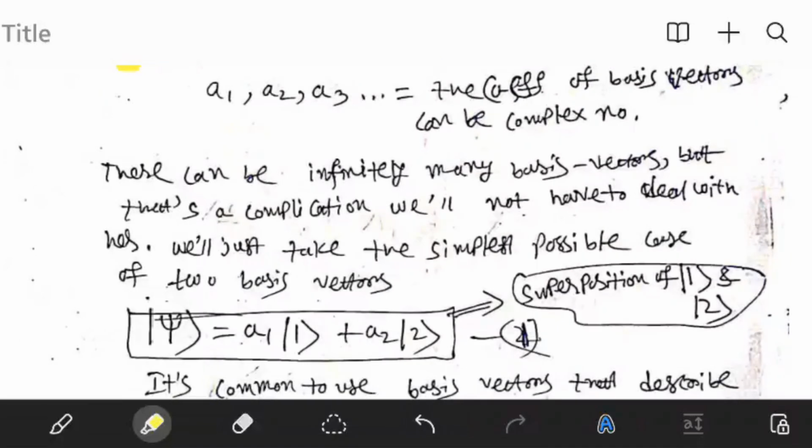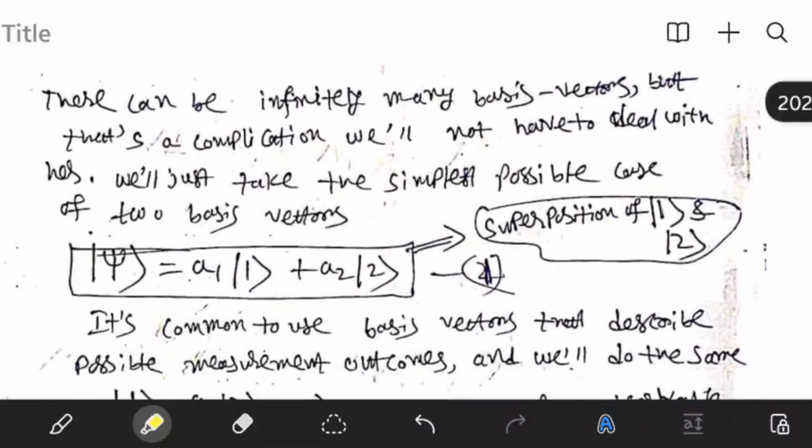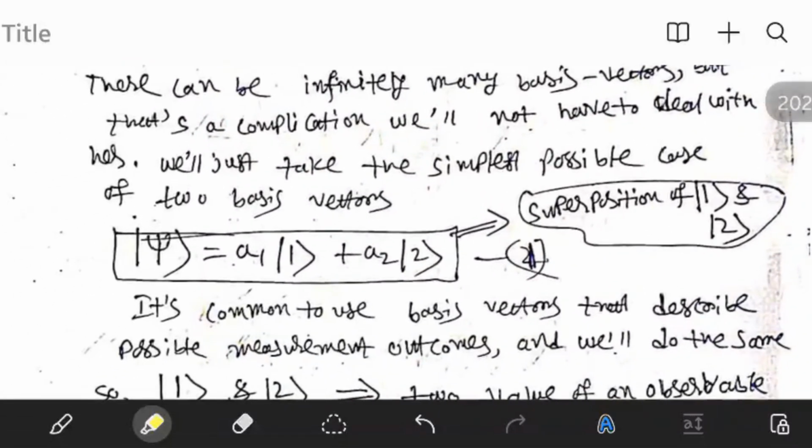There can be infinitely many basis vectors, but for simplicity, we will consider the case where we have only two basis vectors. So the overall wave function is psi = a1|1> + a2|2>.